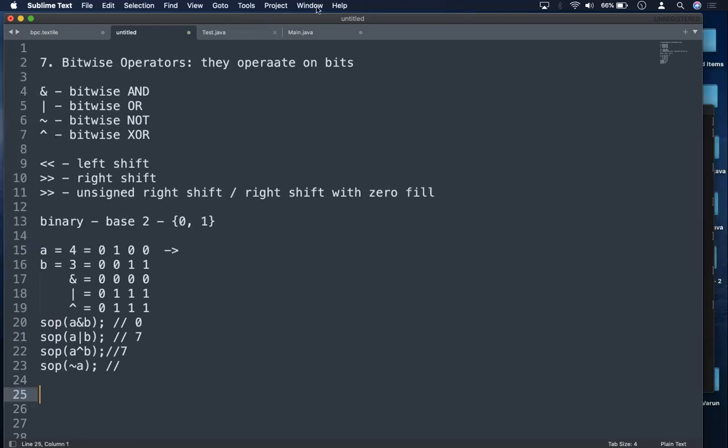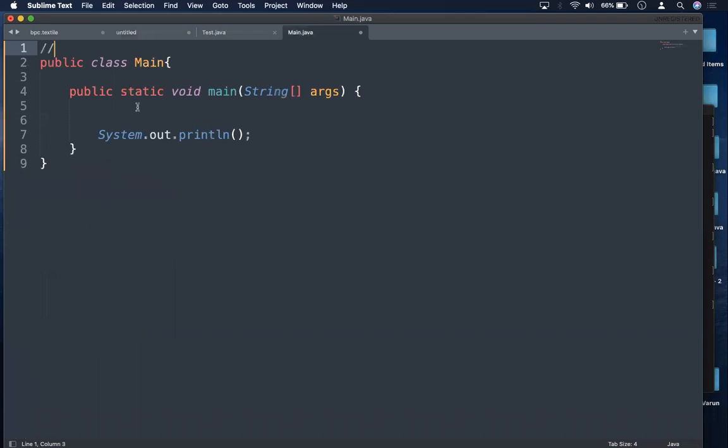Okay, so let me write the code over here, and let me have the A and B values initially declared. So this is a simple example to demonstrate bitwise operators. Okay, a demo of bitwise operators. Let me have two values declared.